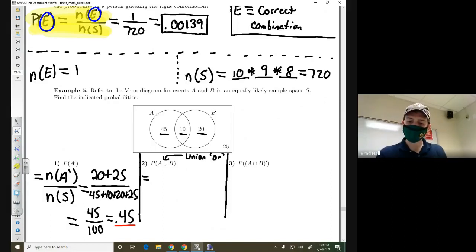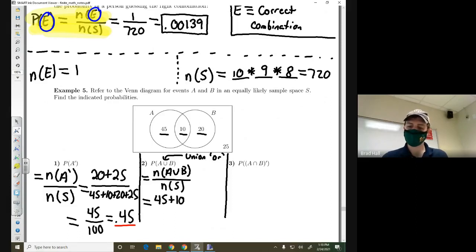So the formal notation, whatever the set name is that they gave us, I'm just rewriting it as a number, still divided by the number of total elements. So we figured out the union consists of 45 plus 10 plus 20. The total number of elements, well, that's not going to change.